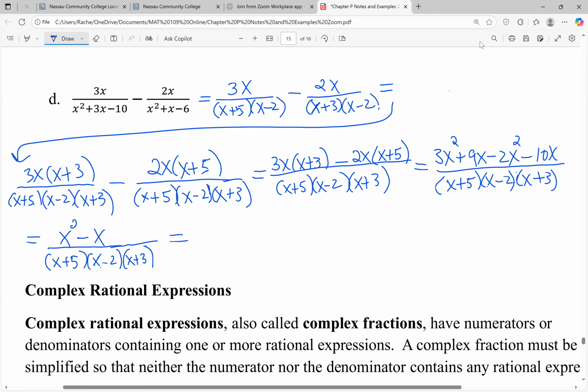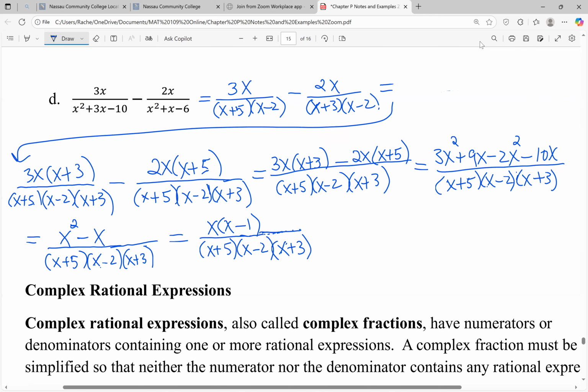So I have my result, right? We subtracted the two rational expressions by finding a common denominator, but now we need to see if we could reduce this. And I see that I could factor the numerator, x squared minus x. We could factor out an x, so we're going to have x times x minus 1 divided by x plus 5 times x minus 2 times x plus 3.